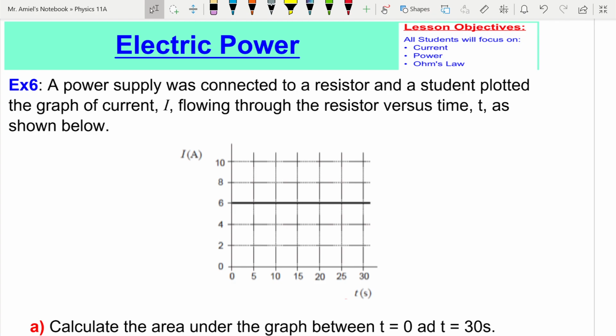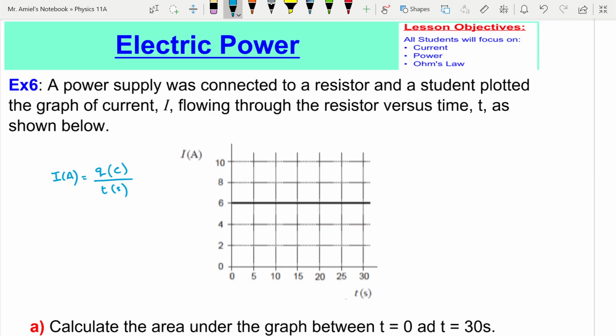So important for us to remember from our last lesson that our current, which is measured in amps, is really the amount of charge in coulombs going past a point in seconds. So it's the amount of coulombs per second.